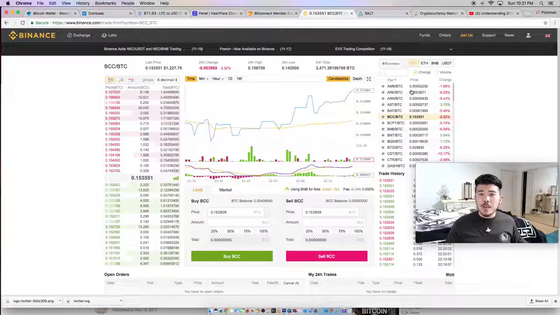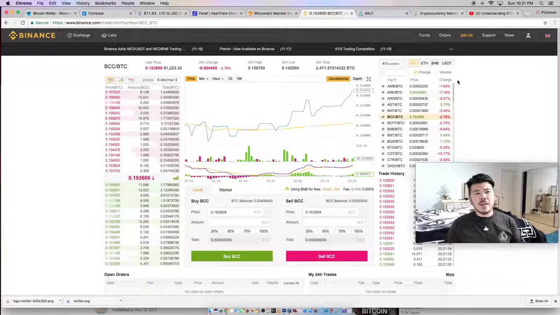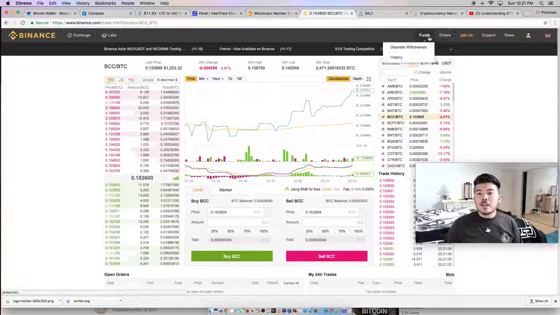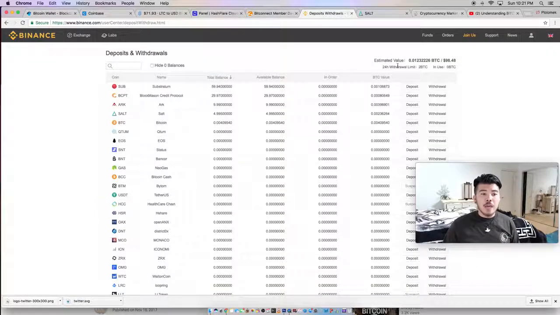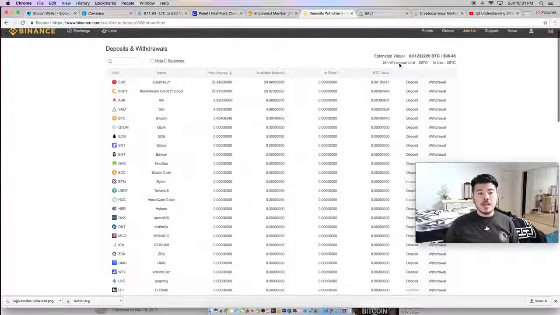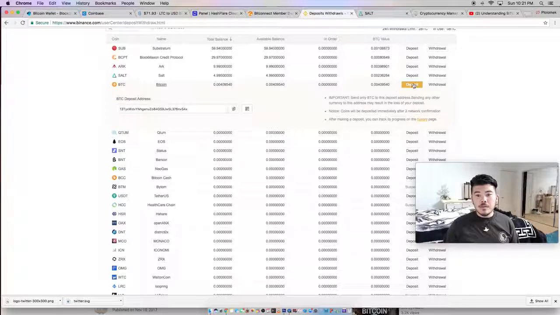Once you sign on to Binance and you have figured out how to log in and verify yourself and everything, you're probably going to have to use Google authentication because their SMS thing is just for China. So let's go over to funds so that you can deposit some of your Bitcoin. You would come to this page right here and it shows all of these coins. Now you would go and deposit Bitcoin right here.